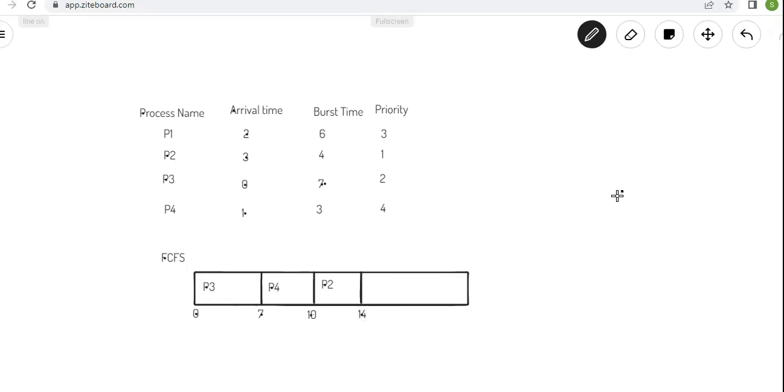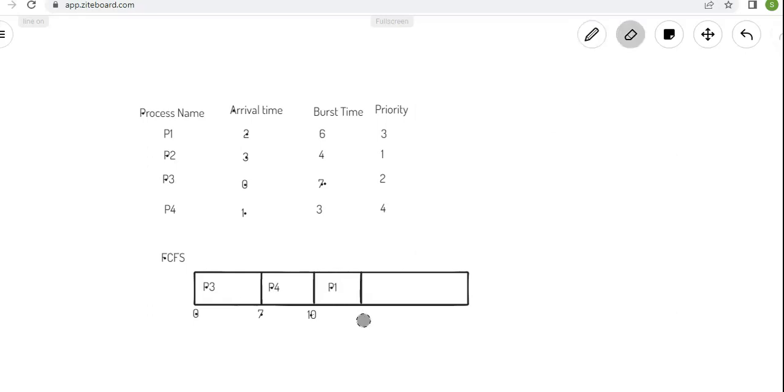Next, the remaining process is going to be the last one. We have allocated P4, and the next arrival time is P1, right? It is not P2, it is P1. P1's burst time is 6.